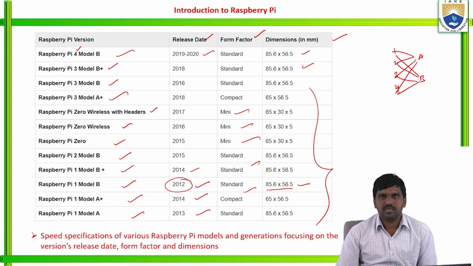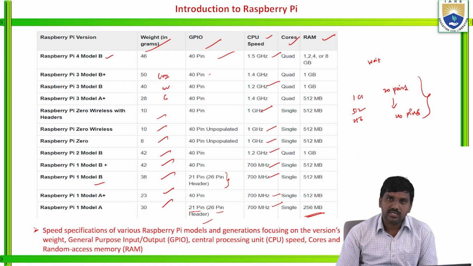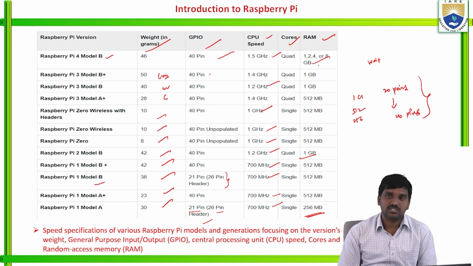For the different versions, we have different factors: release date, form factor, dimensions, weight in grams, general input outputs, 40 pins or 20 pairs, like that. CPU speed is also one of the factors. Core, which type of core we are using, and the RAM size: 1 GB or 512 MB, maximum 1 GB, 8 GB also.